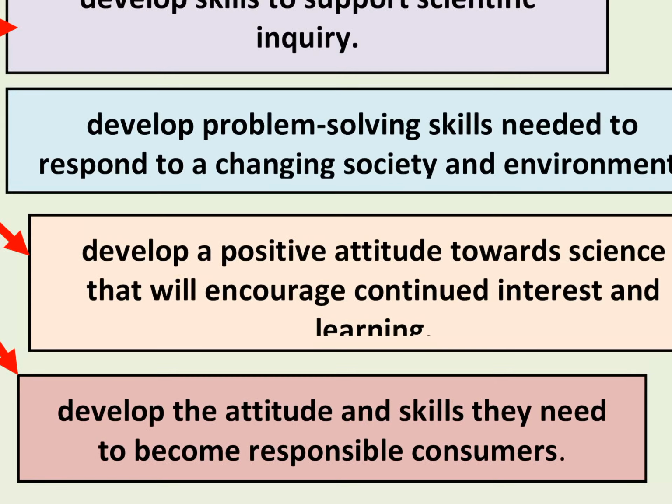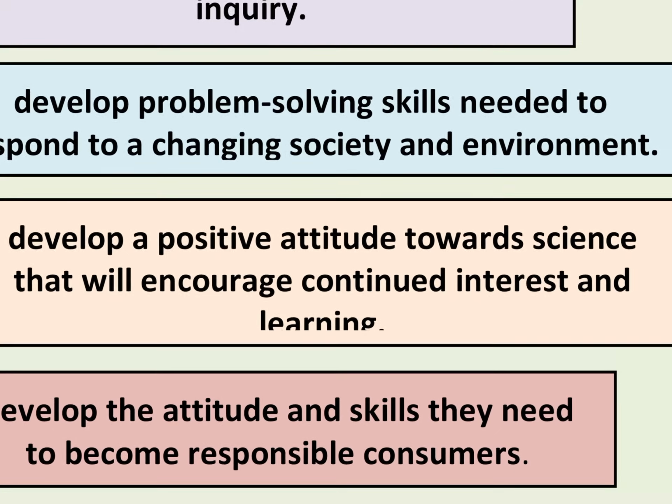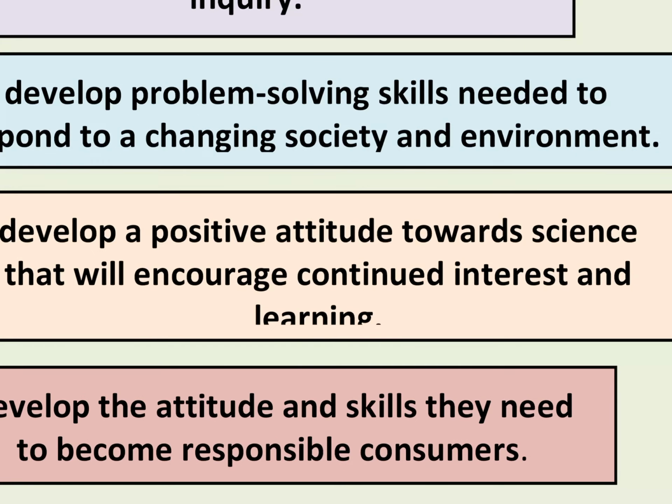Fourthly, goal 1 also emphasizes the development of a positive attitude towards science that will encourage continued interest and learning. That means the science subject has to be made very interesting to the learner. They have to have a positive attitude.